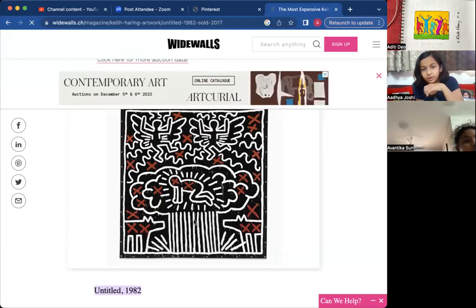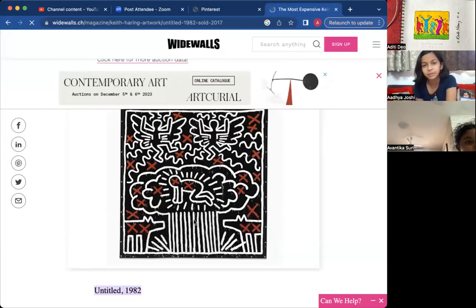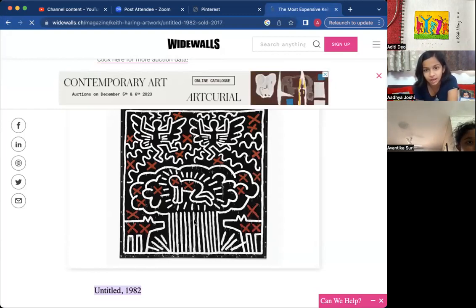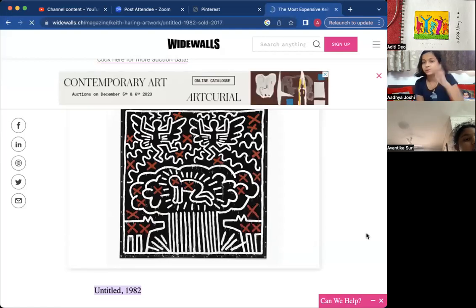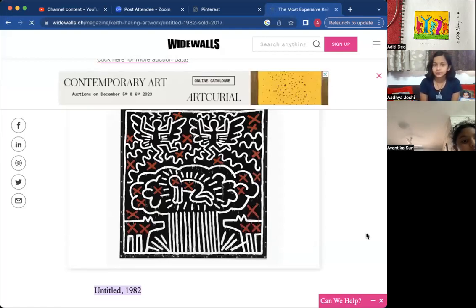Two wolves, one tree, a baby, two fairies, clouds. Correct. Very nice. Avantika, what do you see? Ma'am, a baby sitting on a tree with two wolves around it and two angels above it.